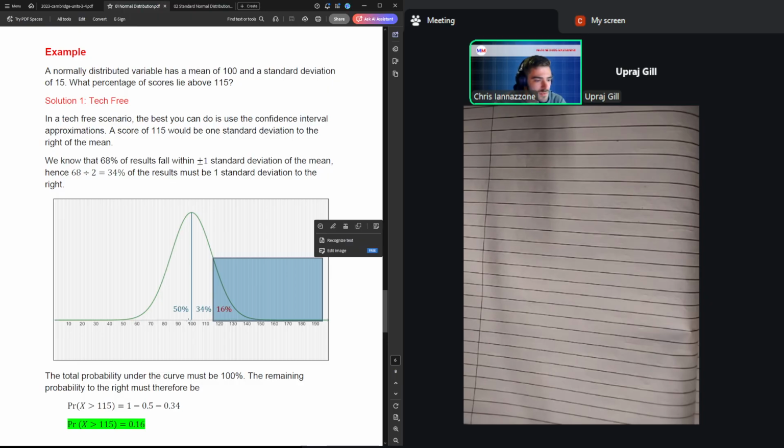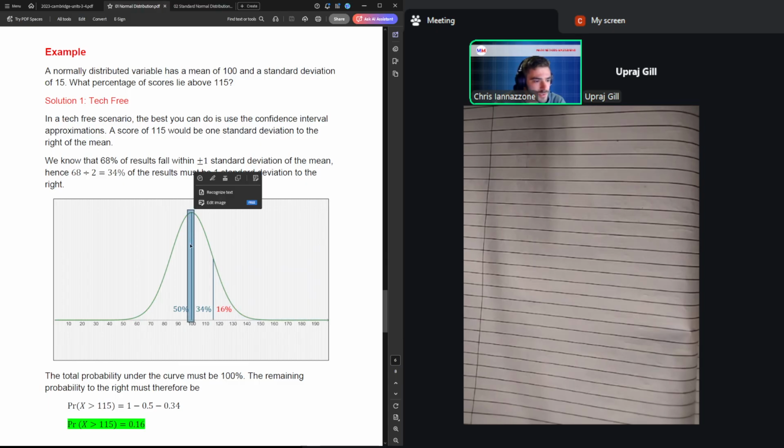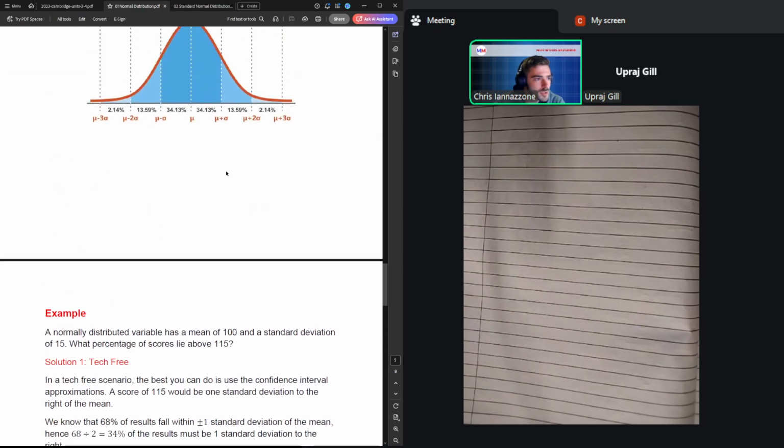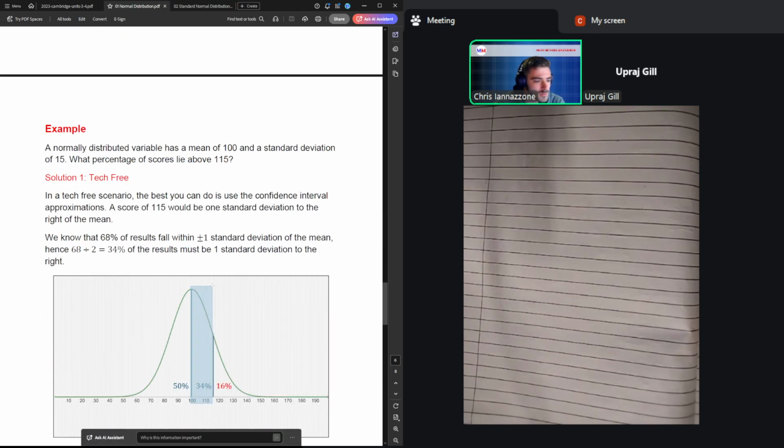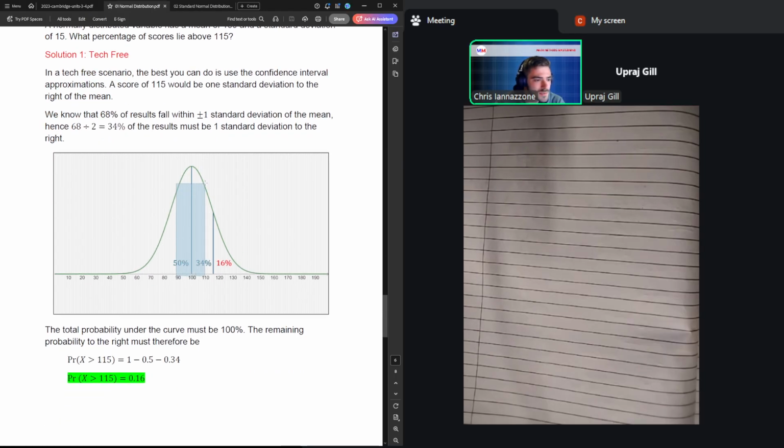So we're looking for this probability, everything right of that. My preferred way of doing things is to pretty much always start by saying it's 50-50 either side. So that always gives me at least one half of the entire thing separated. And then all I do is I look at which approximate probability I have. So if it's one standard deviation, which it is, I'm using the 68% rule, which means 68 is either side, so therefore 34% is just this side.